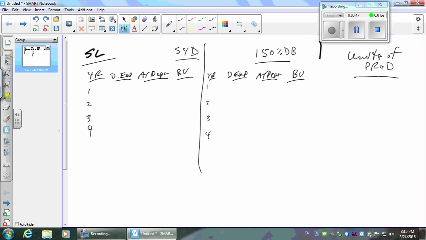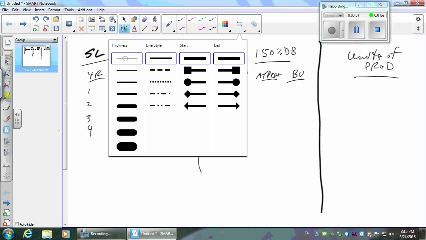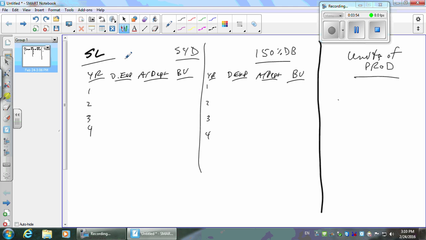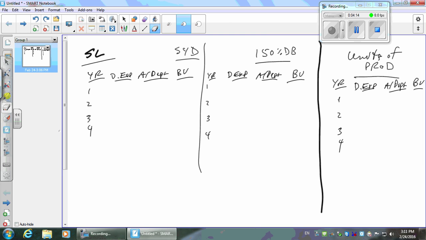And then we'll do the same thing for units of production. Then depreciation expense. Okay, so if you set yourself up like this and just crank through them. Wait a minute, I put straight line to sum of your digits together, didn't I?